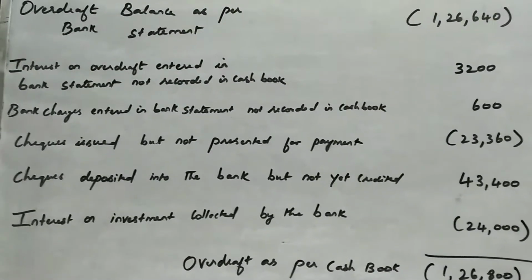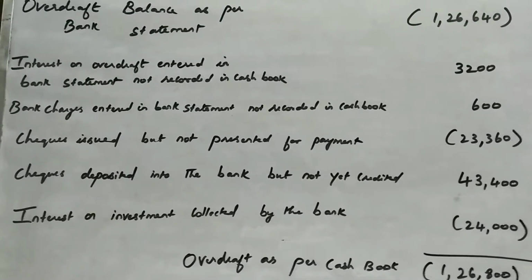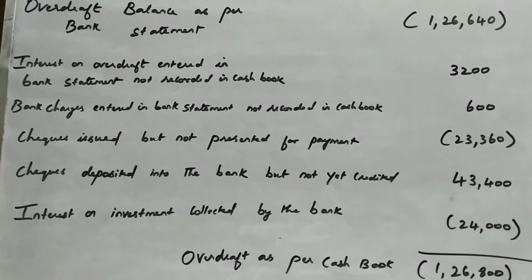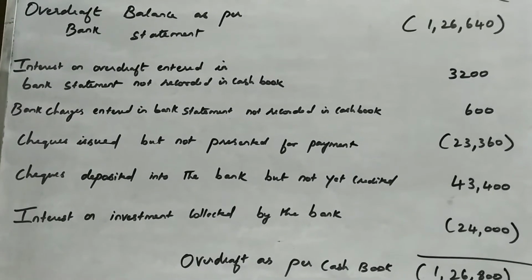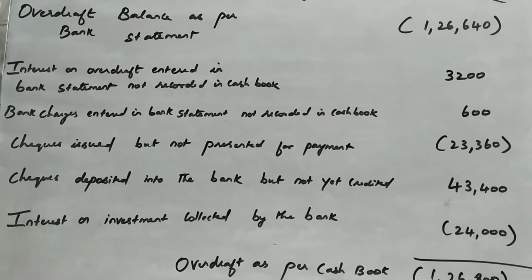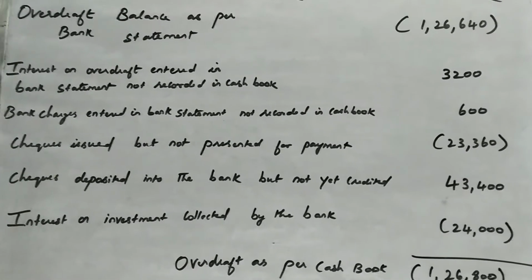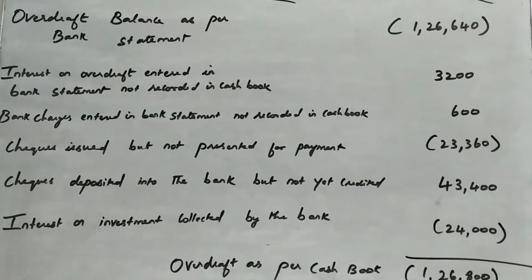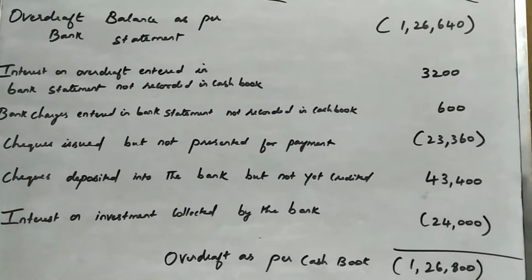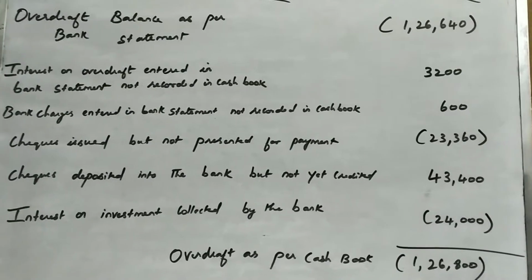So when we issue a check, we will first deduct that from our cash book. Our cash book is low, but this check has not been presented for payment. Bank balance remains the same. Now bank is more, cash is less. So normally we will deduct this. So items which are to be deducted will come within the bracket. So I have put this 23,360 within the bracket.